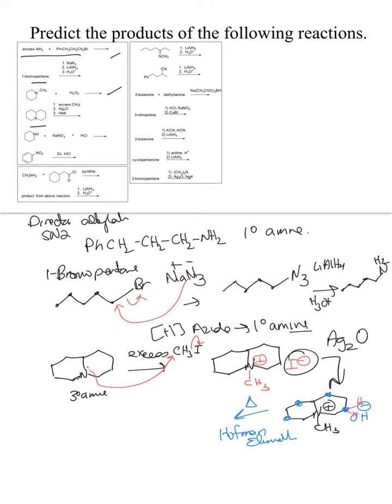Well, here you have a secondary amine, and you have NaNO2 nitrite and HCl. So what will happen is you're going to form... see, did I do this reaction?